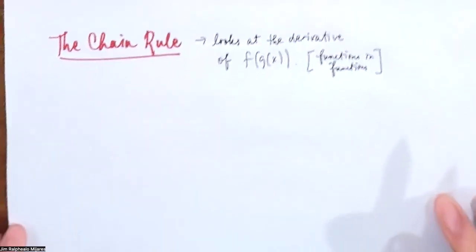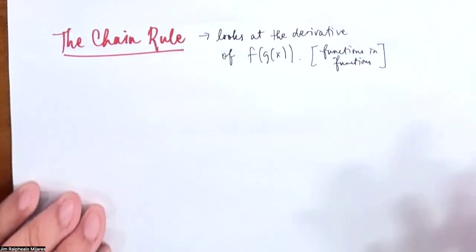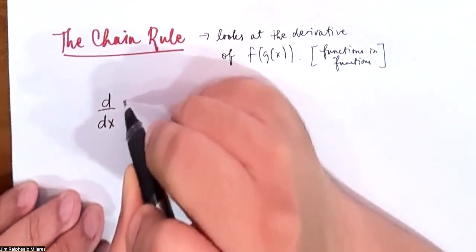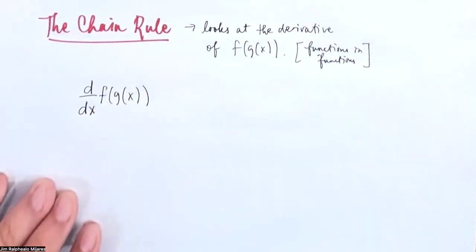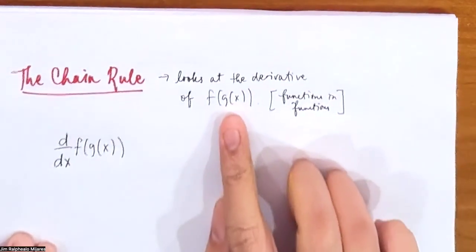Okay? Now, I'm gonna write the rule. So what is the derivative of f of g of x? By the way, how does a function like this look like?